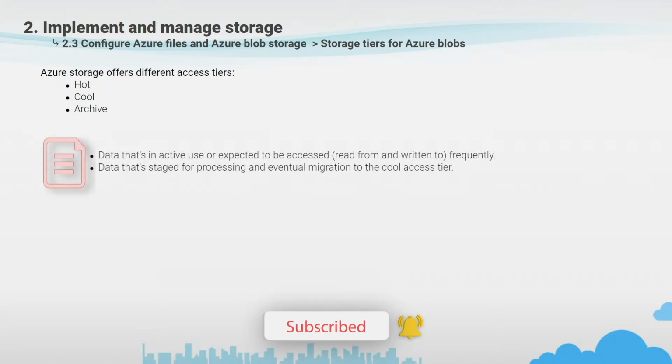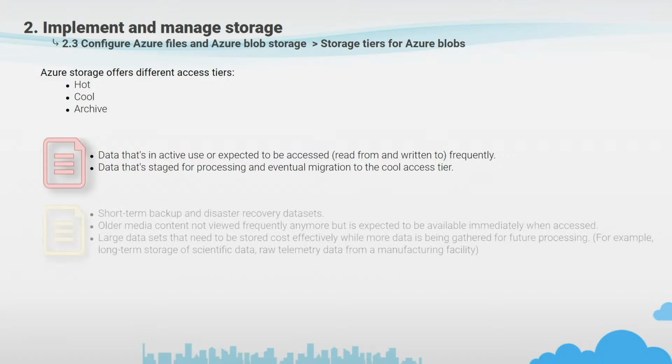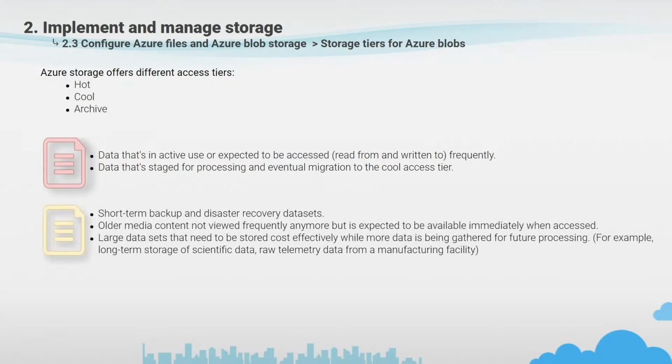Hot access tier has a higher storage cost than cool and archive, but the lowest access costs. Example usage scenarios could be the data that is in active use or expected to be accessed frequently. Cool access tier has lower storage cost and higher access costs compared to the hot storage. This tier is intended for data that will remain in cool tier for at least 30 days.